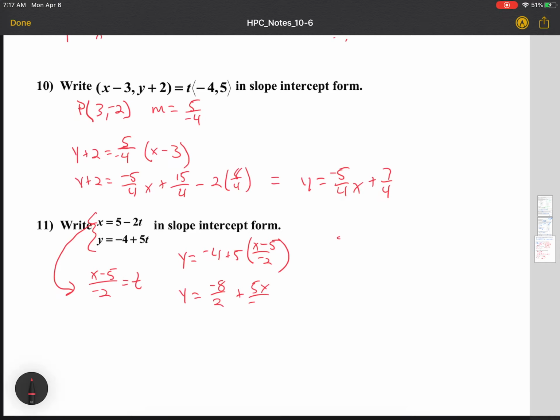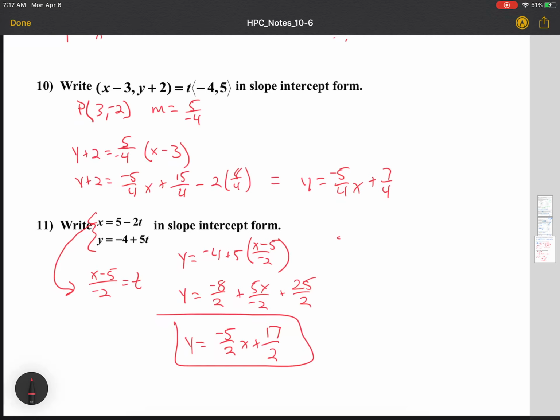And then expand this part out: 5x over negative 2 plus 25 over 2. All I did was distribute that 5 and then separate them out. Then you have y equals negative 5 over 2 x plus 17 over 2. There you have it.